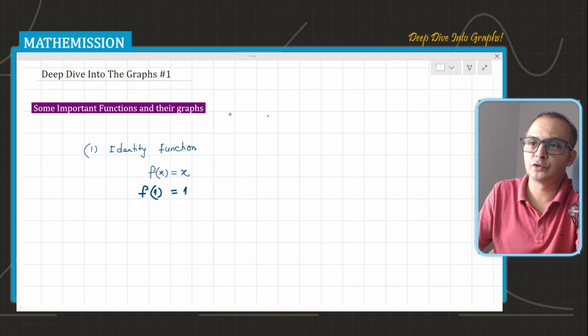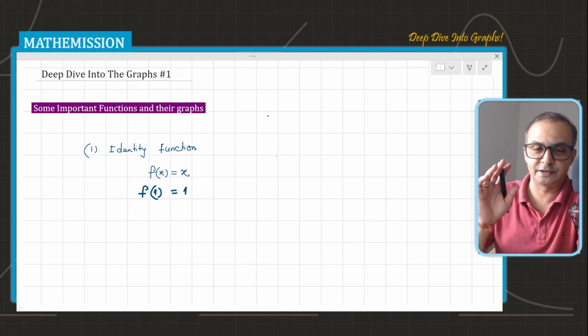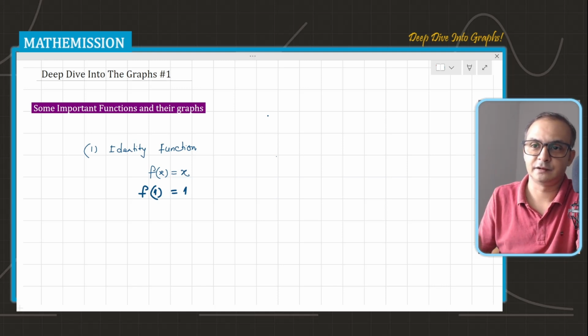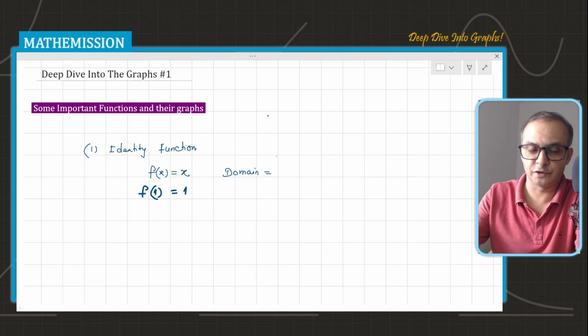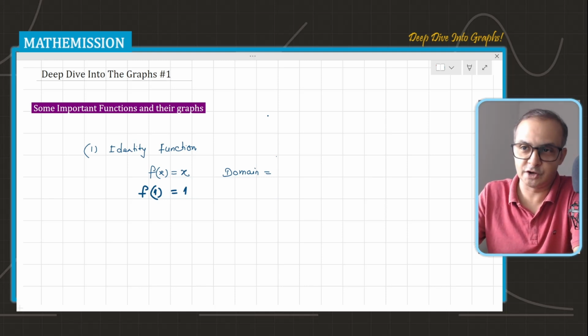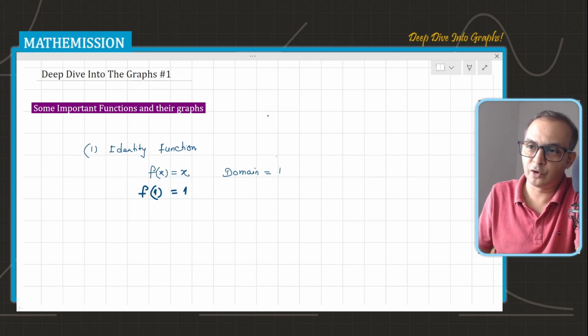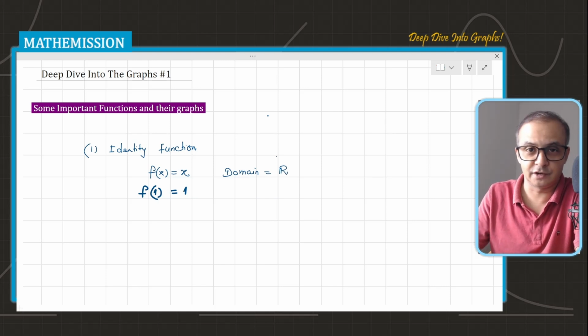So whatever value you are putting inside the function, it will spit out the same thing as the result. So the domain, if I'm talking about, domain is all the values of x which satisfy the function. So domain is going to be all real numbers, because there is no real number we cannot substitute at the place of x in the function.